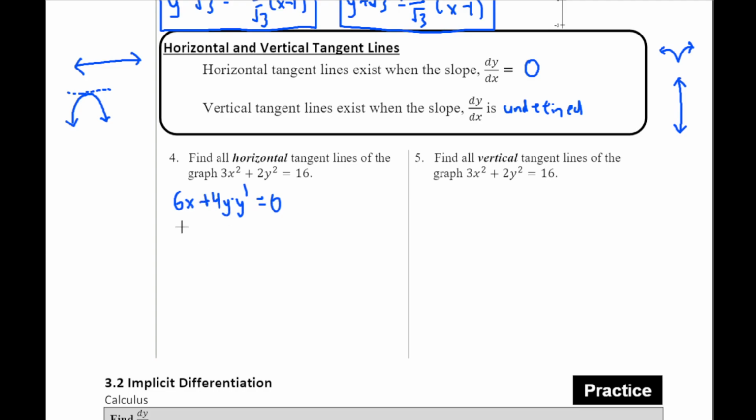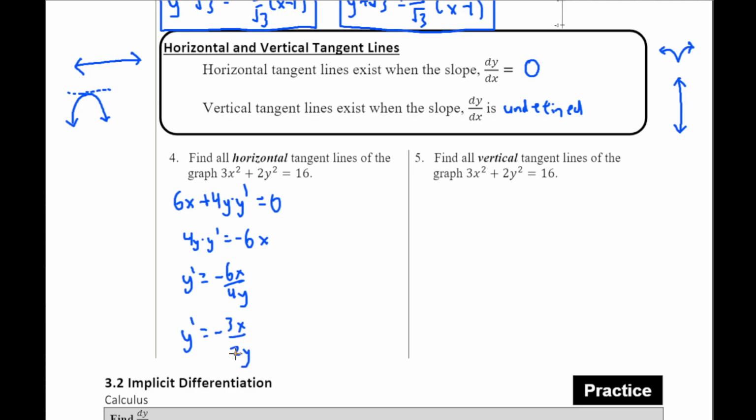So 4y times y prime is equal to negative 6x. y prime is equal to negative 6x over 4y. So that simplifies into negative 3x over 2y.